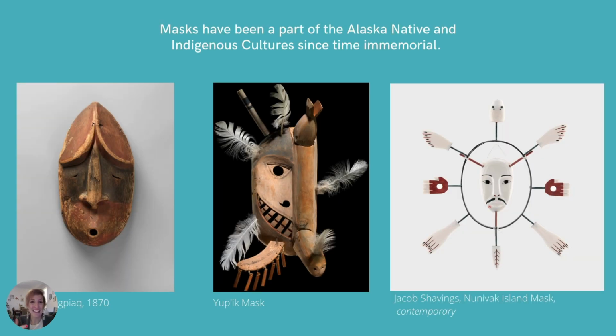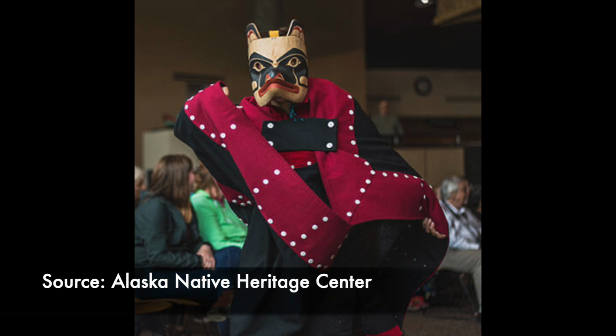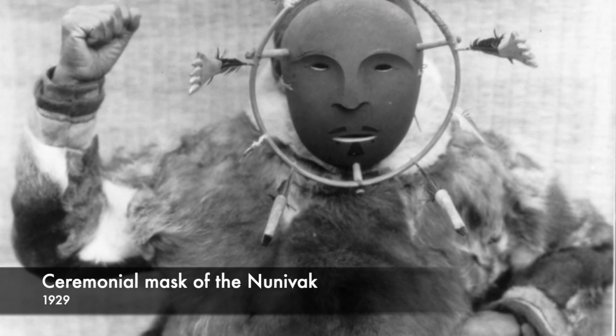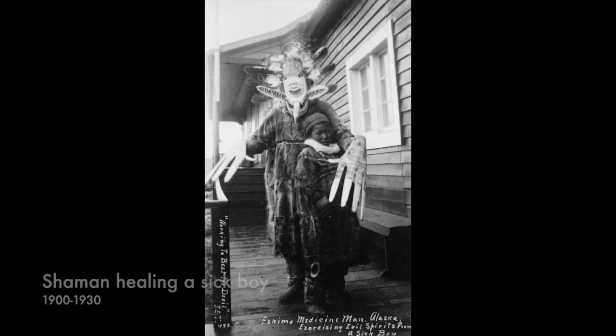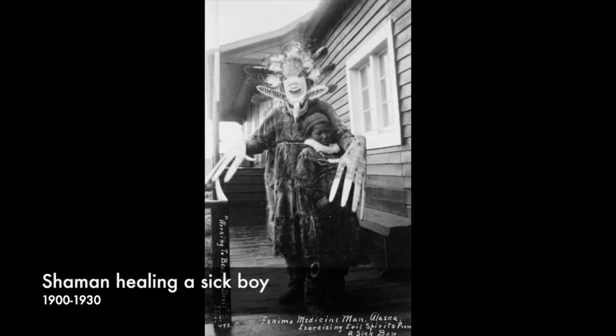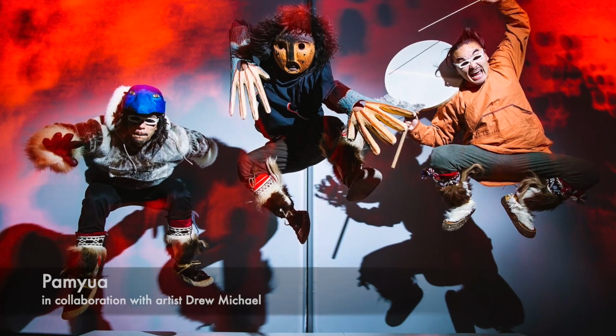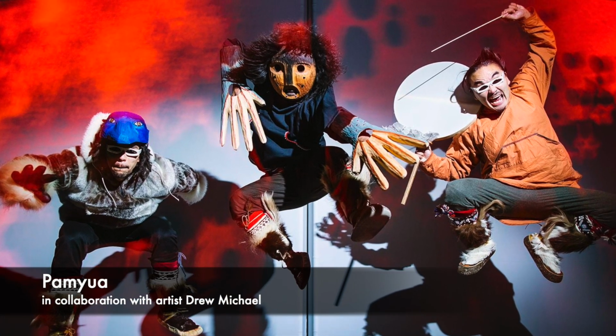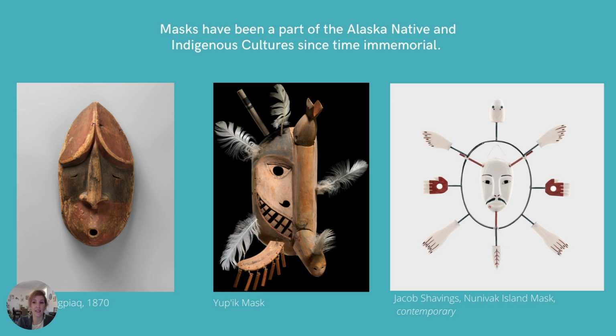Now, it's important for us to recognize that masks have been a part of Alaska Native and Indigenous cultures since time immemorial. And in this century, masks are still worn by dancers during ceremonies or by healers during curative rituals. Masks are used for storytelling and reflecting on things unseen.